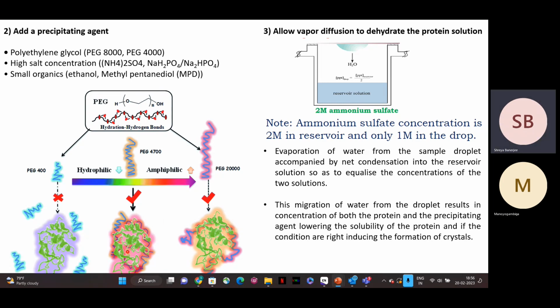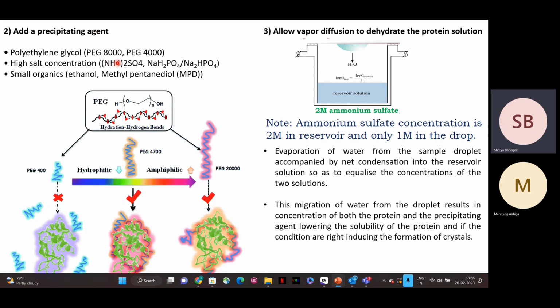Since the protein has several polar groups exposed, the polyethylene glycol will form hydrogen bonds with these polar groups, and so it will stabilize the protein and enable it to crystallize out. So that is the role of a precipitating agent.